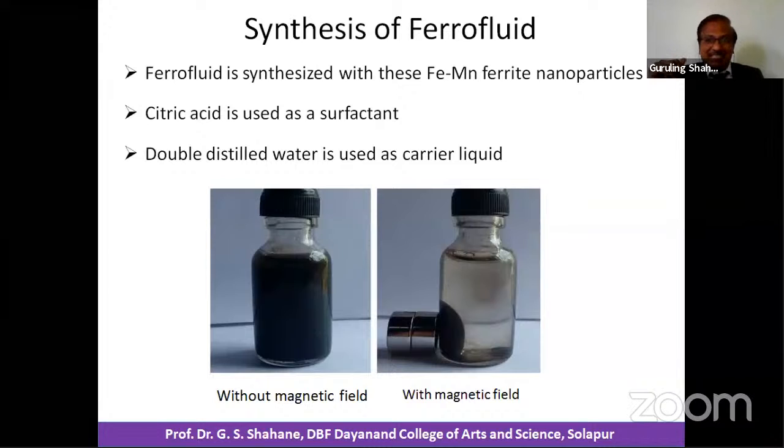So in our case, we have used citric acid as a surfactant. So particles are capped with citric acid, and they are suspended in distilled water. Distilled water is used as a carrier. So this is a stable ferrofluid, but if we place a strong magnet here, all these particles get extracted. If we remove that, again it becomes a dispersed medium.